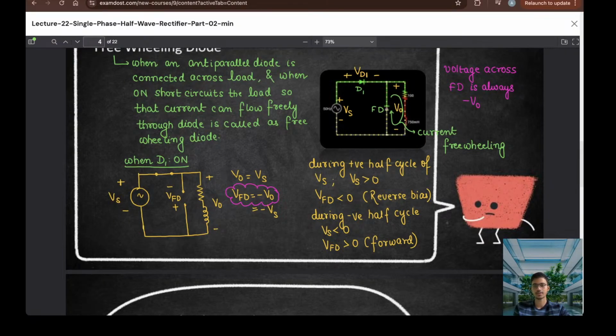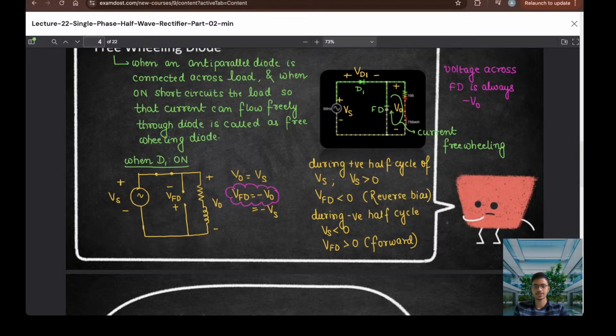VO is equal to VS, obviously, and this becomes forward biased, so the freewheeling diode becomes reverse biased and open.